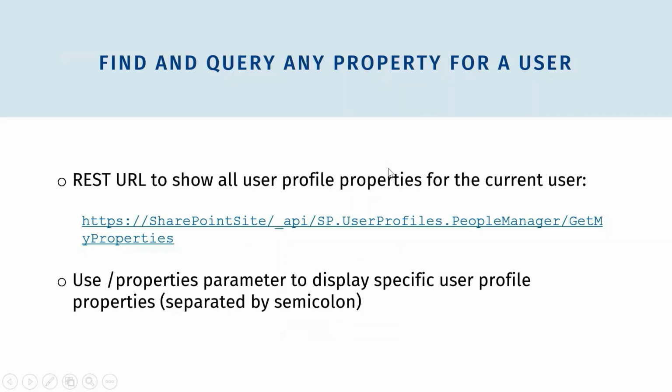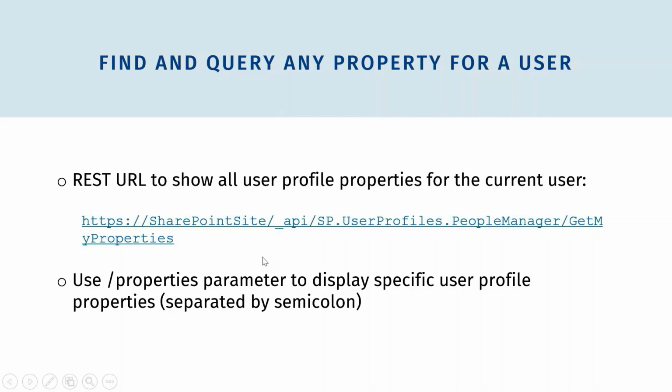So this is about finding and querying all the properties, because just last week one of our colleagues, Don Frack, discovered a hack on how to query all the profile properties using just a REST URL. So you will browse to this URL, just replace the SharePoint site using your own SharePoint site, paste that in your browser, and it will return an XML text for you, and you will just copy that and paste that into the sample form we're providing.